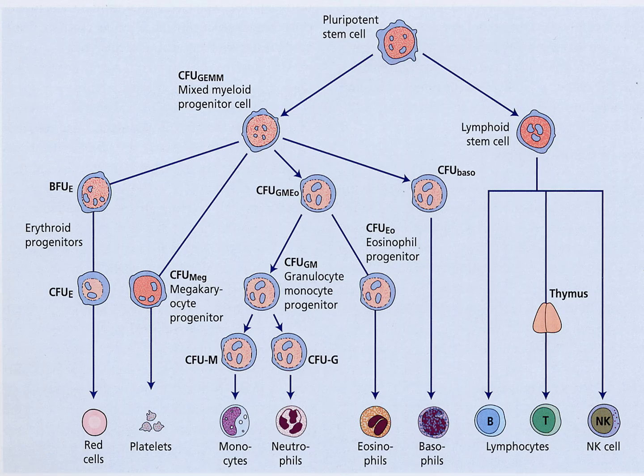This diagram shows the pluripotent stem cell on the top, which leads to the lymphoid stem cell, which leads to the production of lymphocytes, B, T, and NK cells.